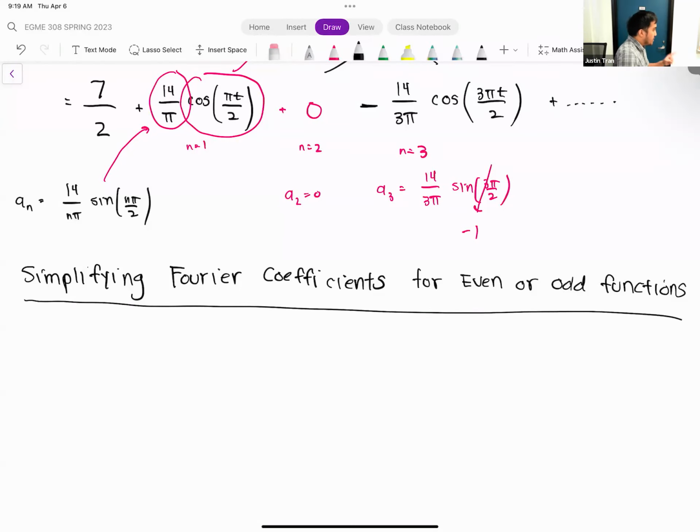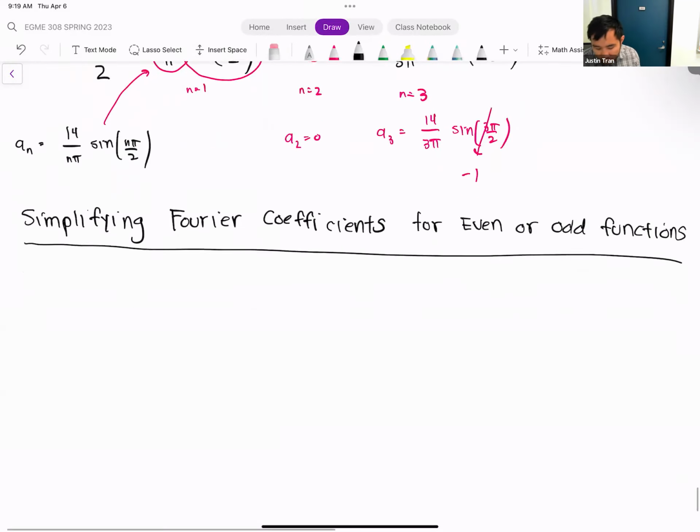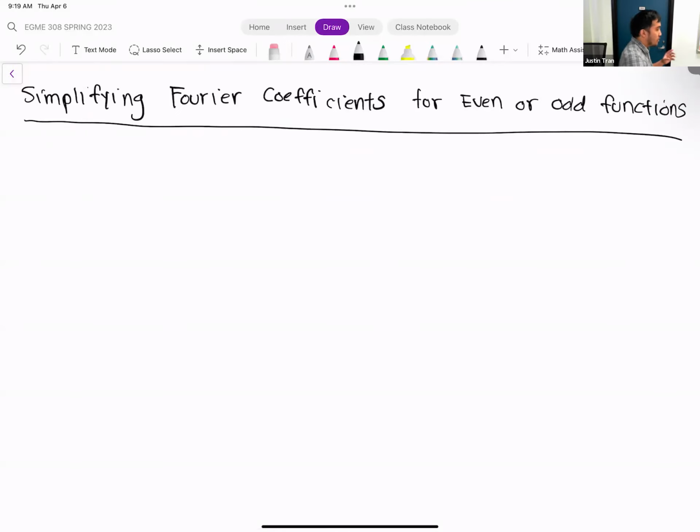This trick is important because it's going to save you a lot of work. If you look at the last 2 examples we did, it took us a ton of work to compute 3 sets of coefficients, right? If you can only compute 1 or 2, that's going to save you a lot.